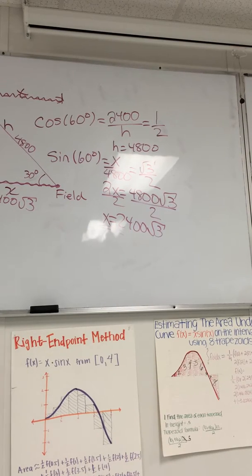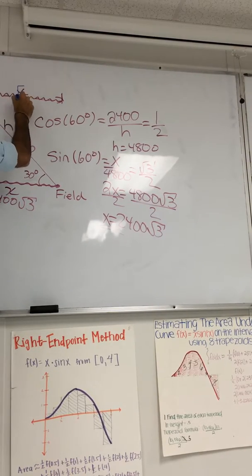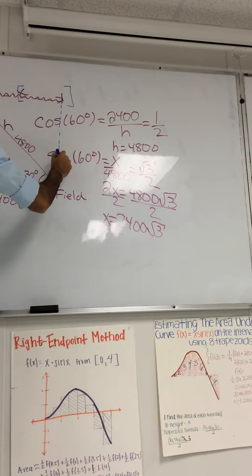All right, and now in part B they say, assume that we keep flying the plane until the horizontal distance is equal to the vertical distance.